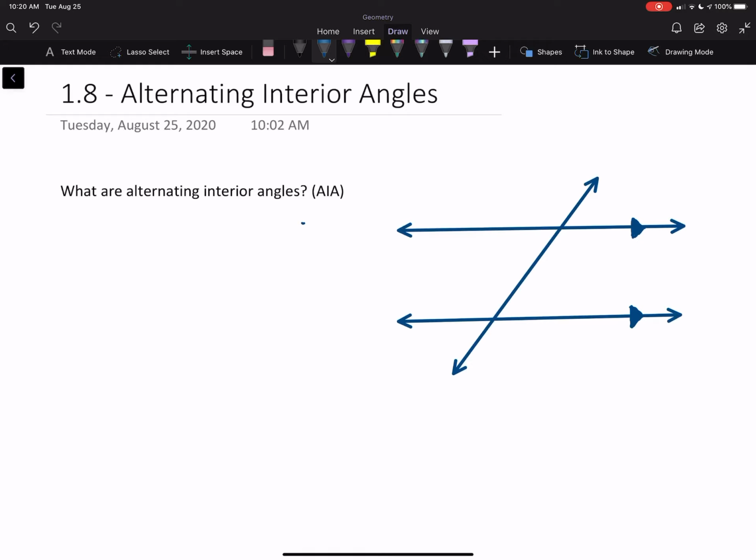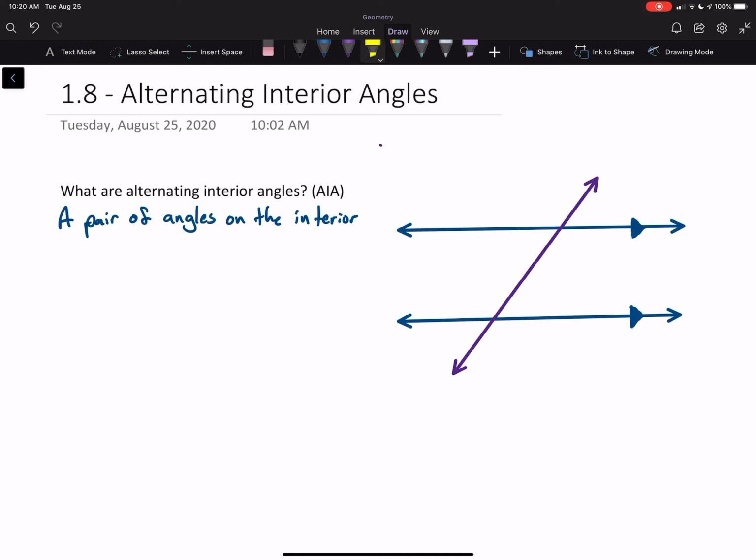They are a pair of angles on the interior.